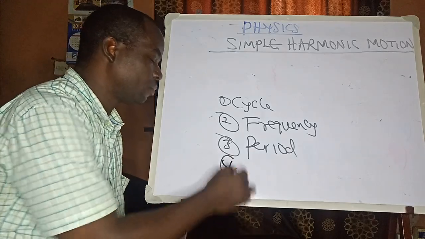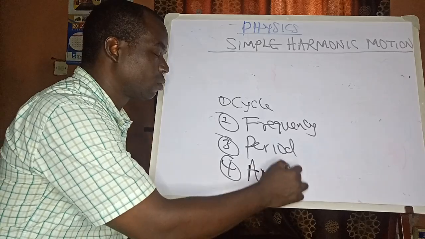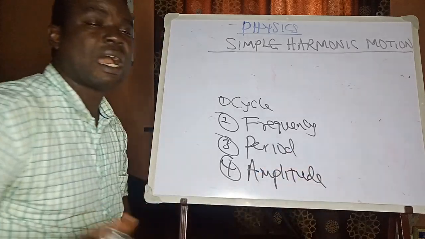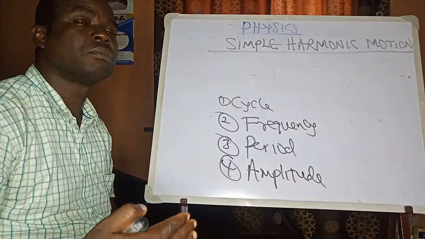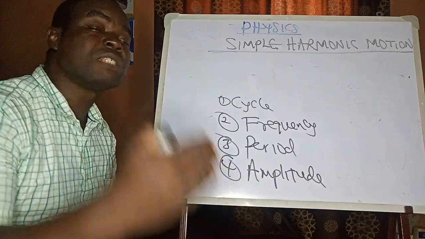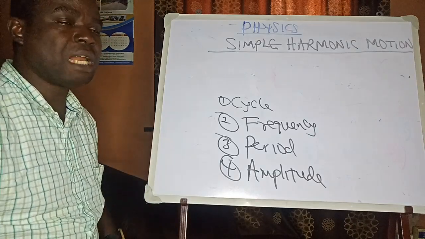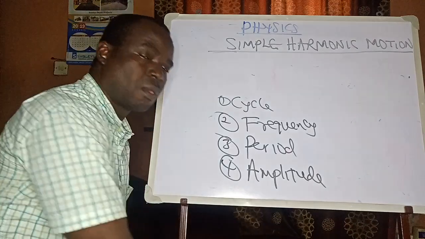Then four, amplitude. Amplitude is the maximum displacement of a medium, the maximum displacement of a body performing simple harmonic motion. Now let me assume you throw a ball to the ground.